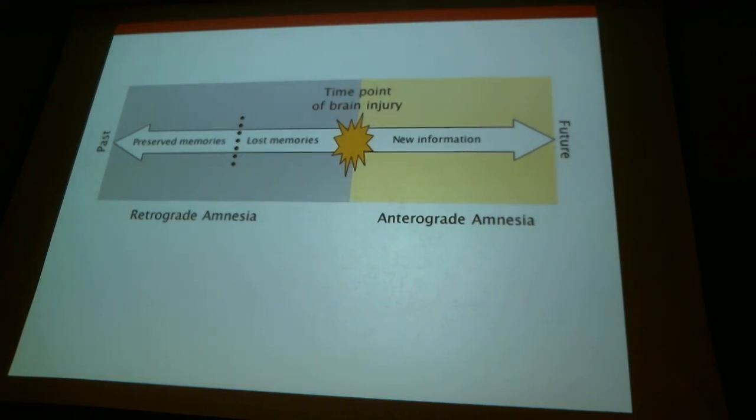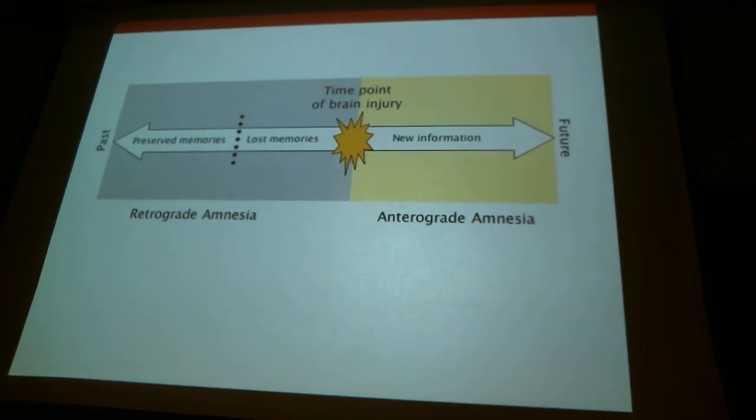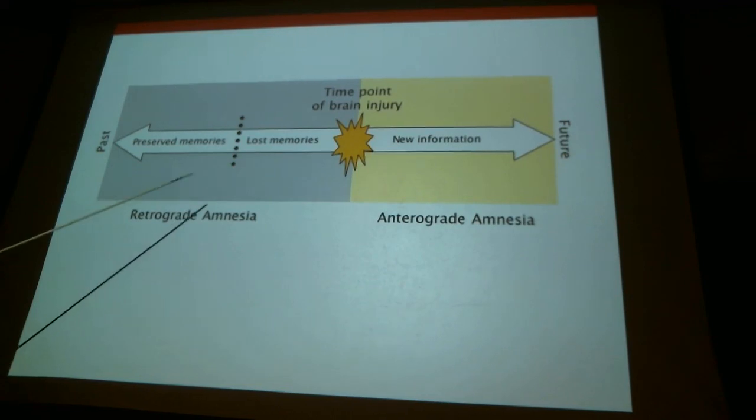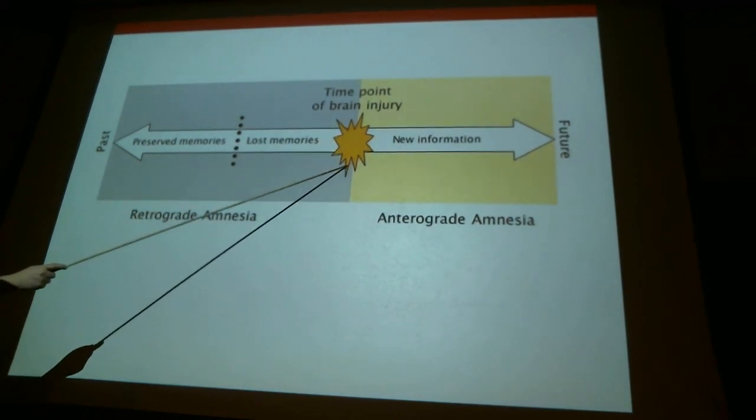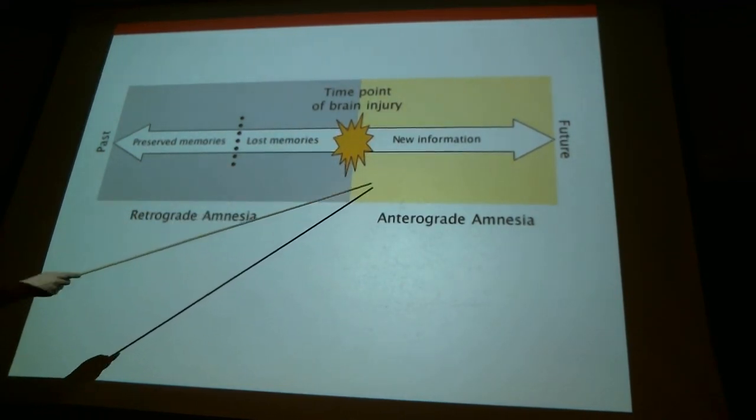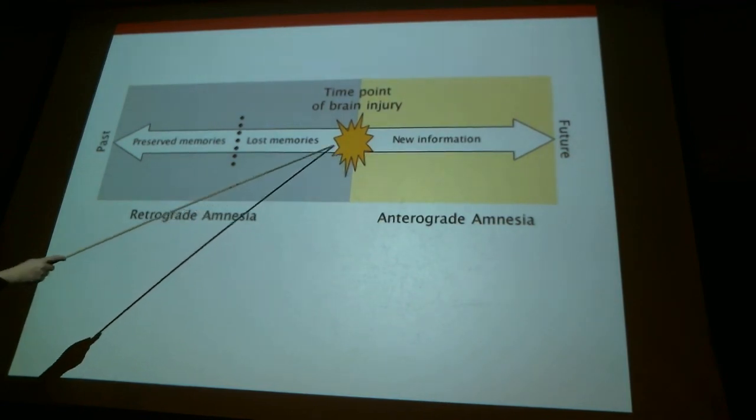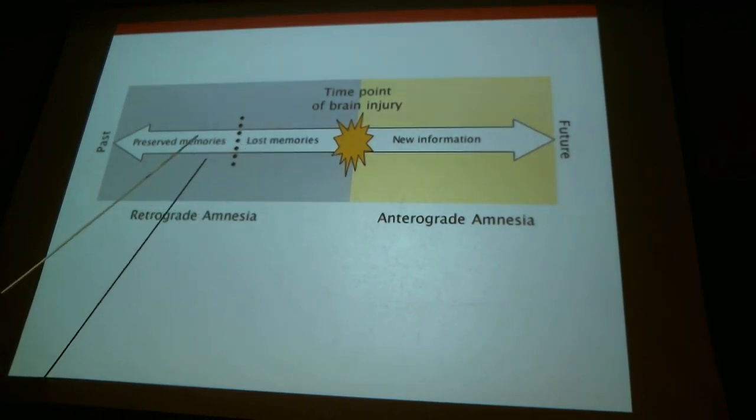So here's a sort of timeline of what we mean. If you have a brain injury at this point, of the hippocampus, you lose the ability to form new memories. You may lose some recent memories, but you may preserve older retrograde memories.